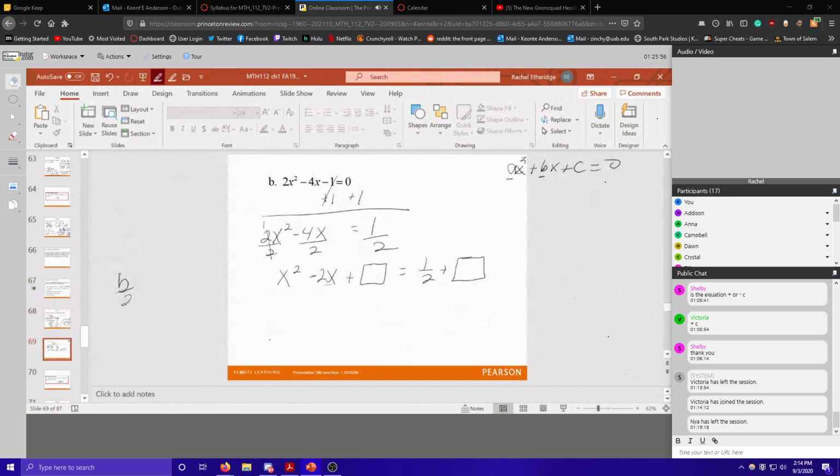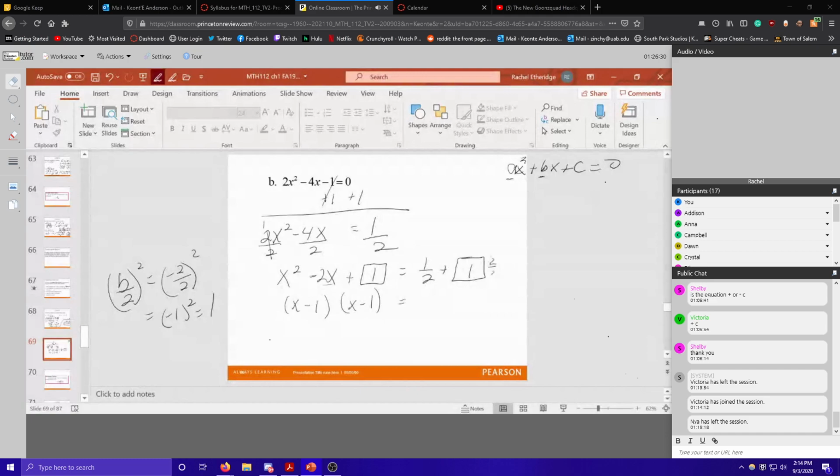So b over 2 squared is negative 2 over 2 squared, which is negative 1 squared. It's 1. So I'm going to add 1 to both sides. I'm going to factor this. I want to multiply to get positive 1, but add to get negative 2. So that's going to be negative 1, negative 1.